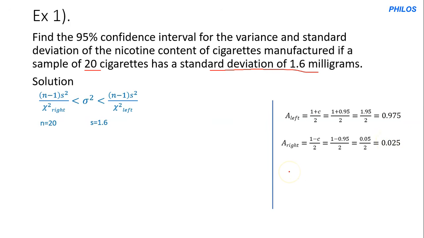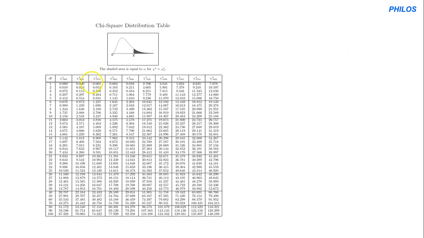So let's find the degree of freedom. The degree of freedom will be 20 minus 1, that is 19. So we go to the chi-square table. Area to the left was 0.975, so this is it here, 0.975. And then the right was 0.025. So the degree of freedom is 19.